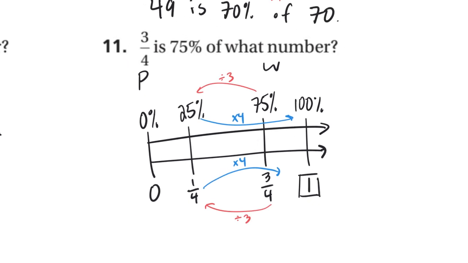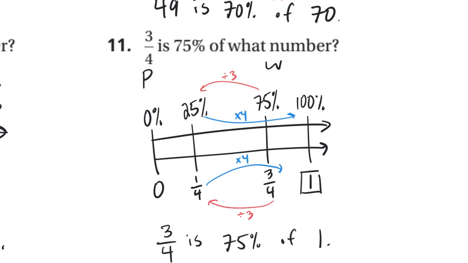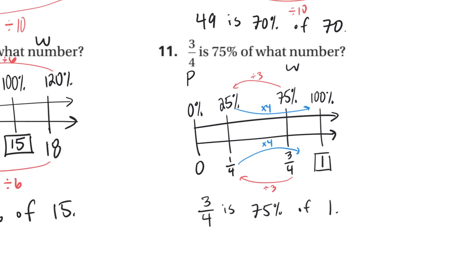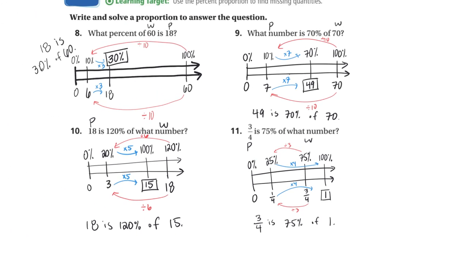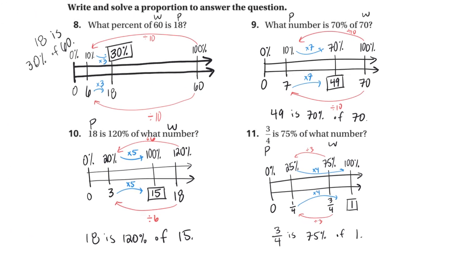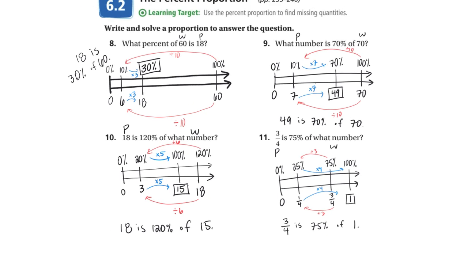So 3/4 is 75% of what number? 3/4 is 75% of 1. All right, so that is the first 4 problems using a double number line diagram to solve percent problems. Okay, let's do a word problem or 2.